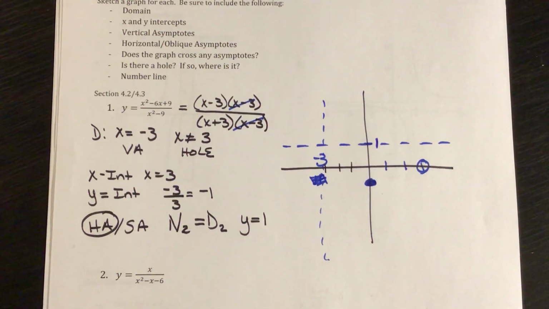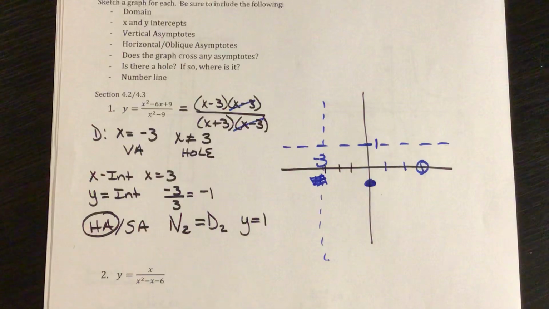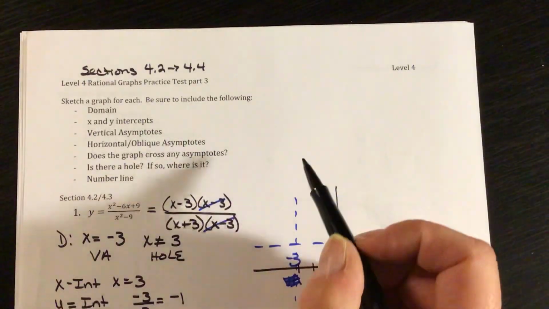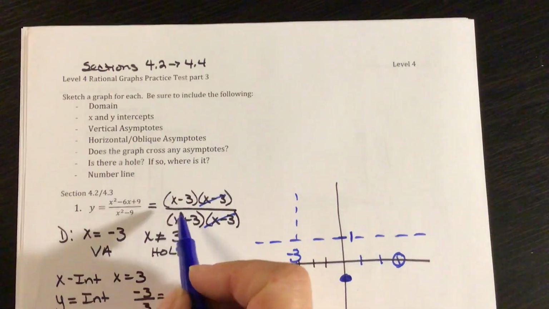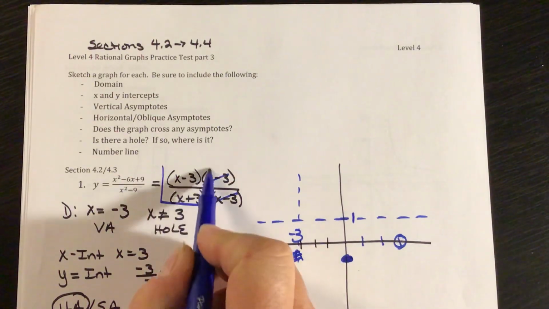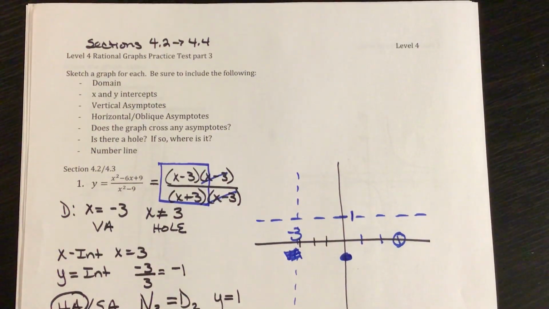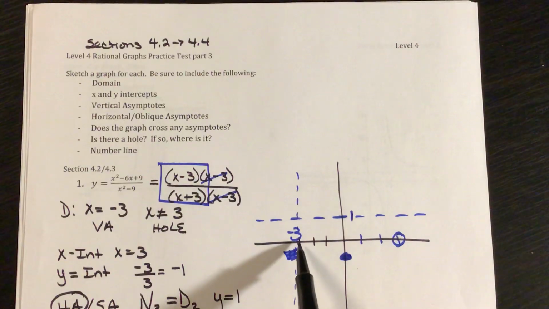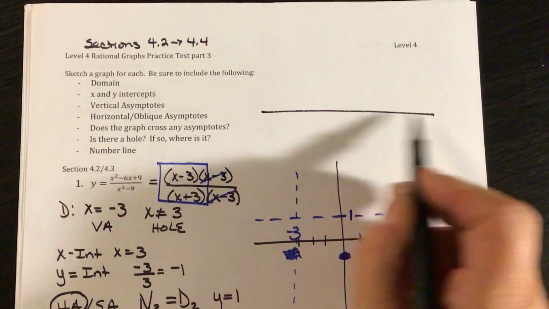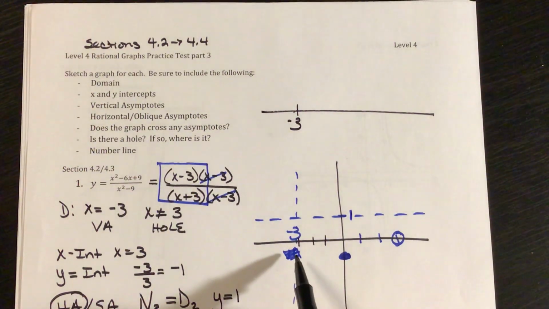Now I need to determine where my graph will be positive and negative. So if I pick values, now I'm just looking at the x plus 3 and x minus 3, the ratio of those, to plug in numbers. So I need a number looking at something smaller than -3.